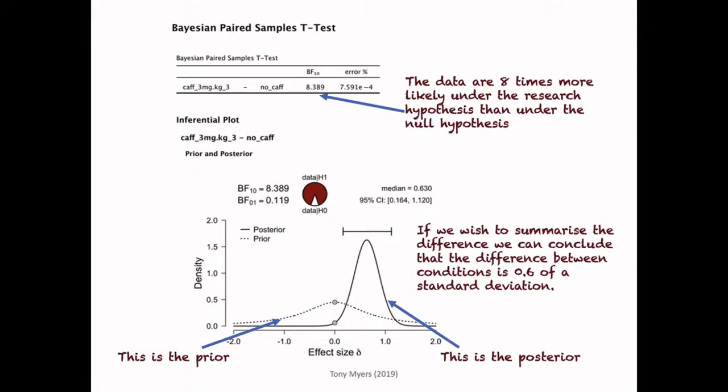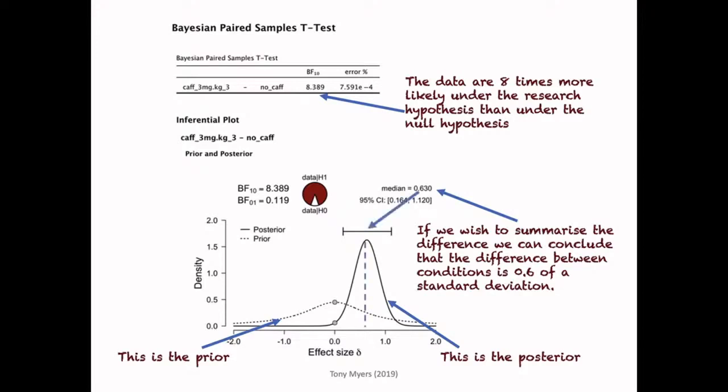If we wish to summarise the differences, this is in terms of a standardised effect size, similar to a Cohen's d rather than raw values. So we can say that the difference between conditions is 0.6 of a standard deviation. I'm not a fan of it, but if you do like the standardised categories for effect size, that would be a medium effect.